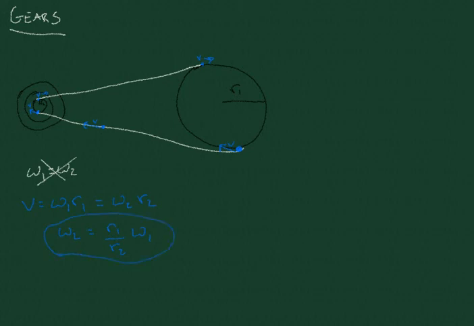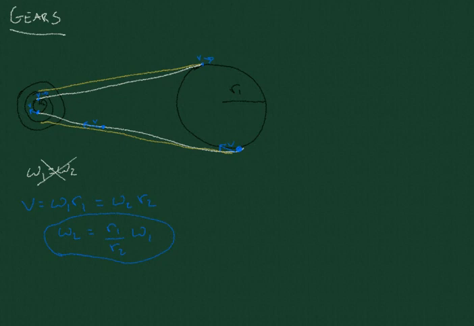So now let's see what happens when we go to a bigger gear. If we increase R2, in other words, we shift up to the next gear, we see that now this ratio is smaller. So in other words, initially omega 2 in this case is spinning much faster than the larger disk.